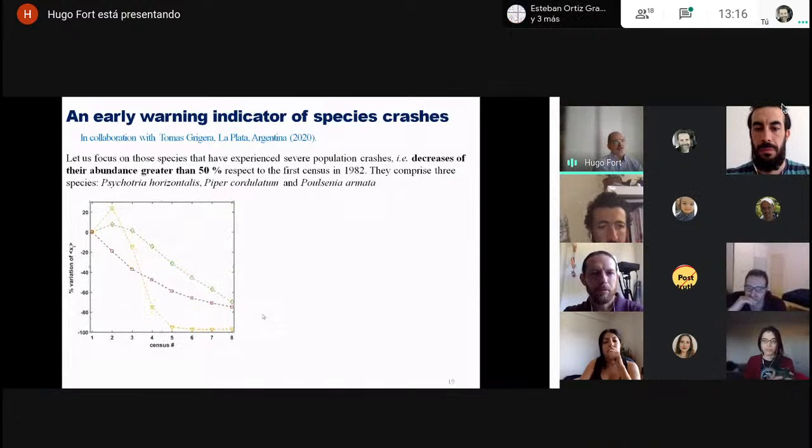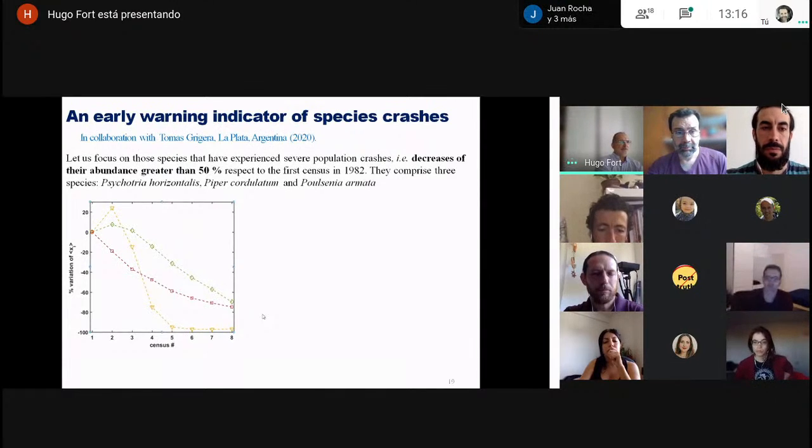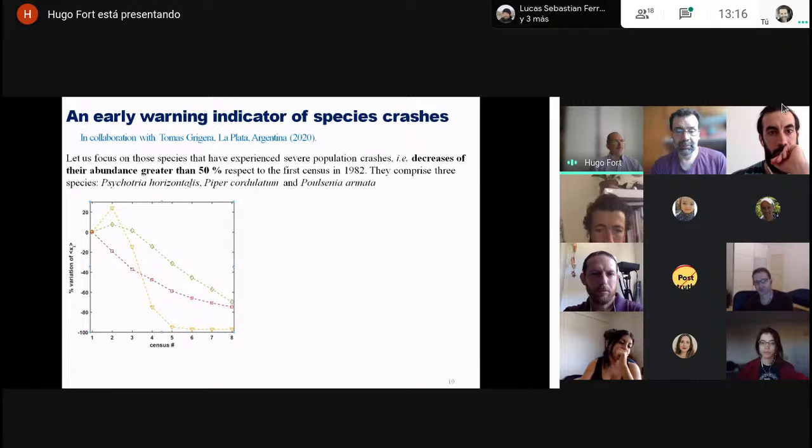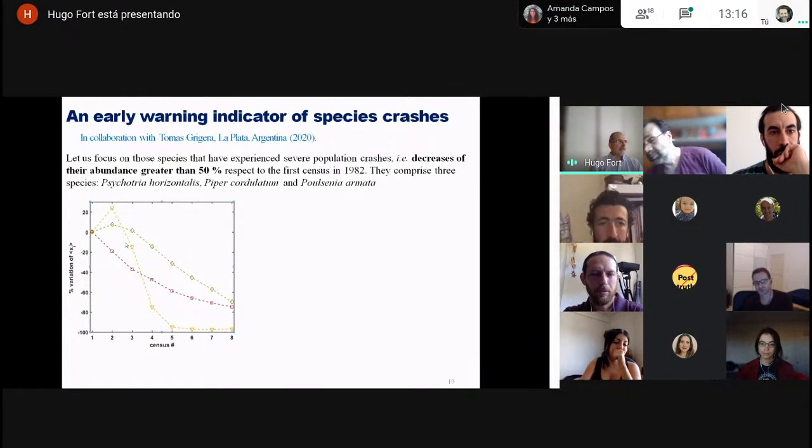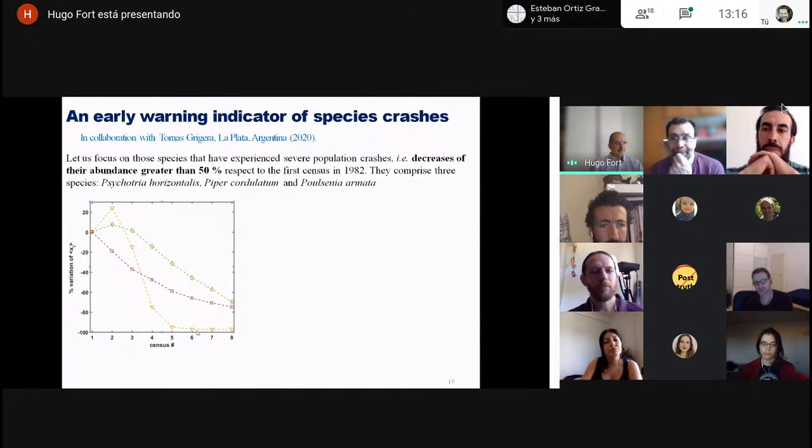So here is a sum of the three species, and now I am expressing this as variations of the initial abundance. And you can see this one, the orange one, which corresponds to Piper, experiences first a growth, but then an almost extinction, almost 100% disappearance of this species.